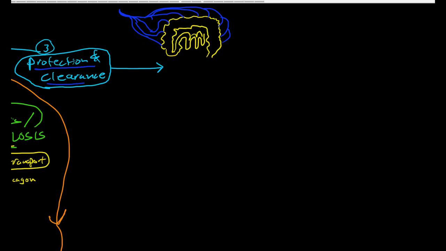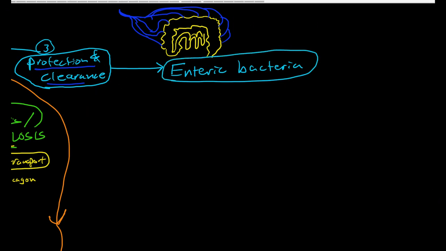So the first thing is the protection from enteric bacteria. And how does it do this? Well, the portal vein drains through what are called sinusoids, and I'll talk about this when I get into talking about the lobules of the liver. The sinusoids are just specialized capillaries of the liver, and these sinusoids are lined with Kupffer cells.